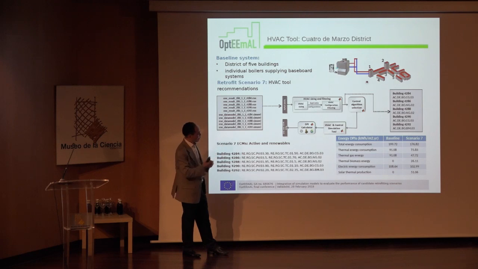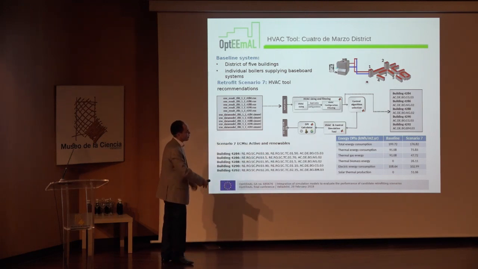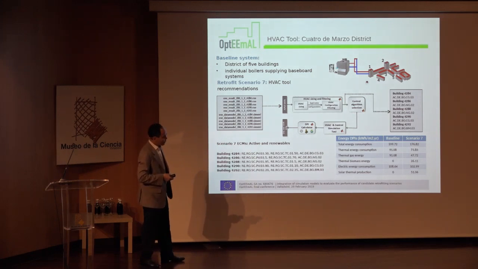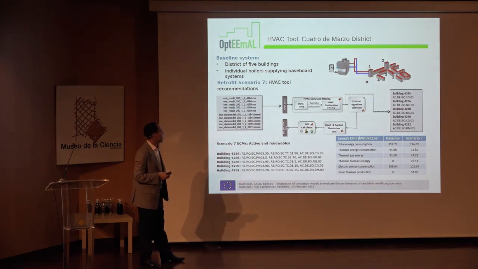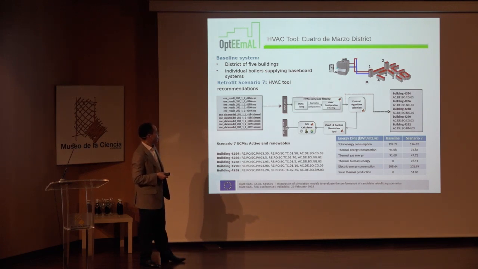And the tool will execute all that, and will calculate the district performance indicators, as you see a snapshot of that in the table. These are some indicative energy KPIs. Baseline compared to scenario 7, and you see reduction in the total energy consumption for that scenario.